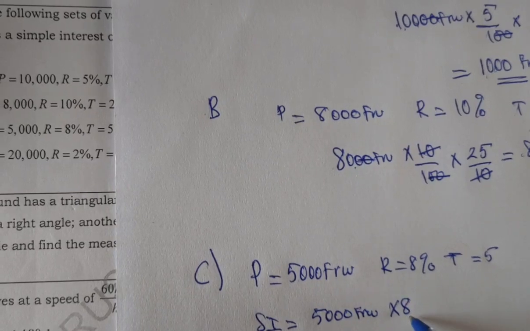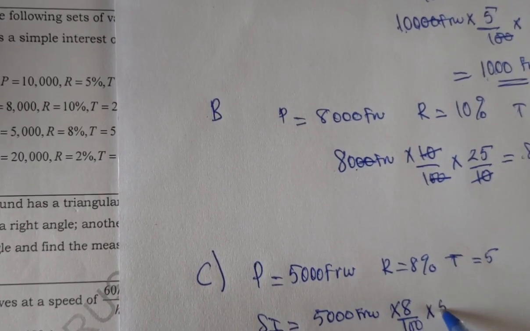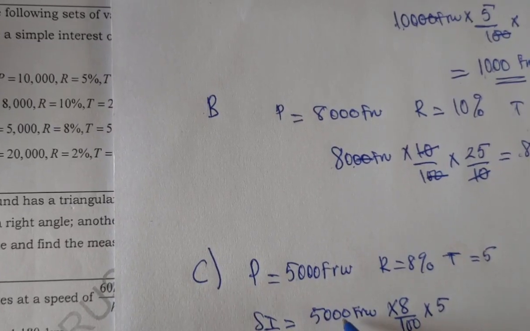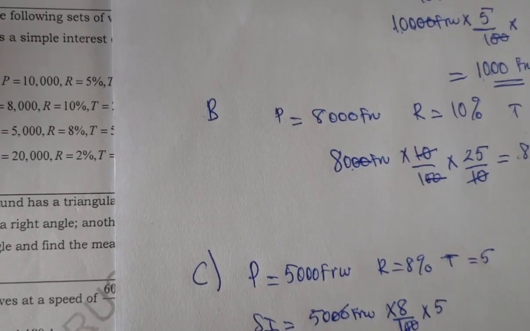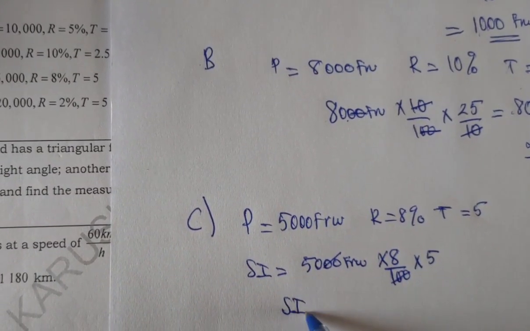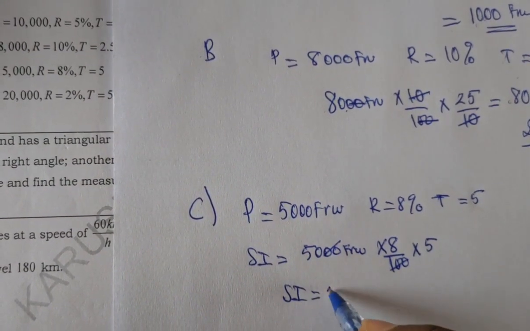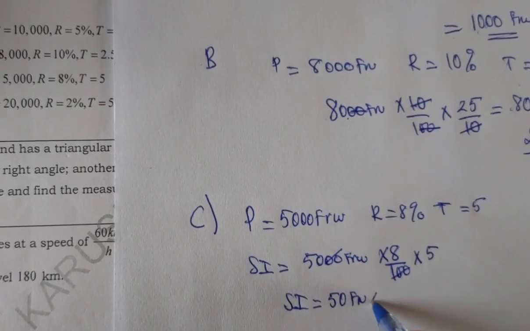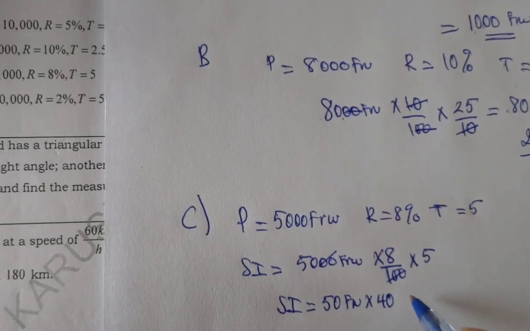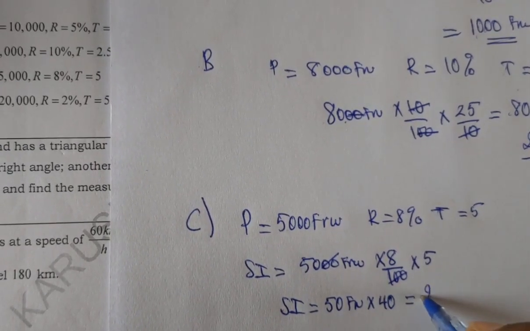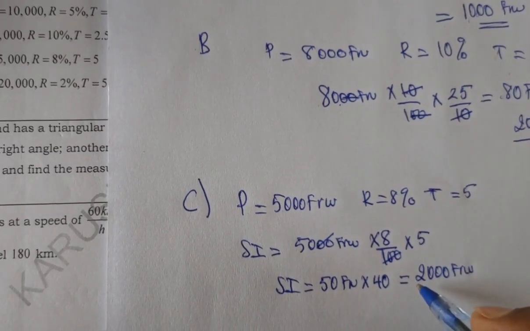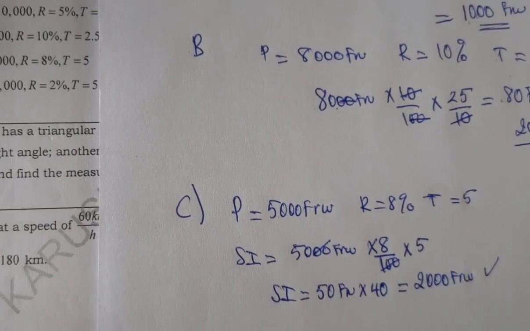Then 8% times time, 5 years. And then I'm going to simplify by 100 here, we become 50, and my simple interest will become 50 Rwandan francs times 40. And then once I multiply here, I will get 2,000 Rwandan francs. To mean also choice C is a correct choice.